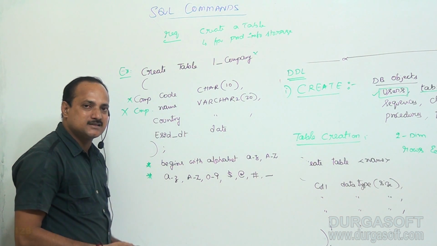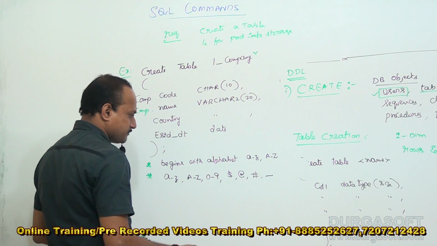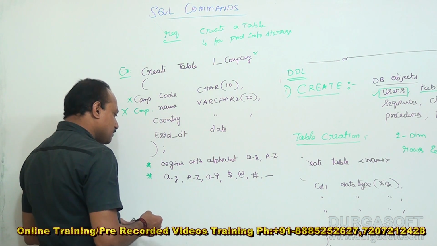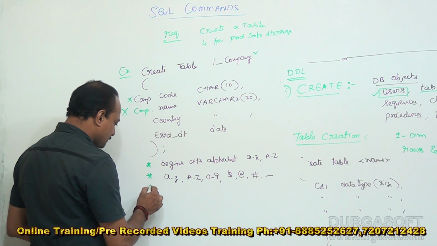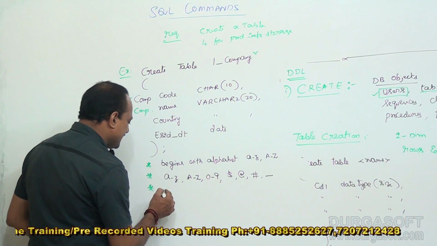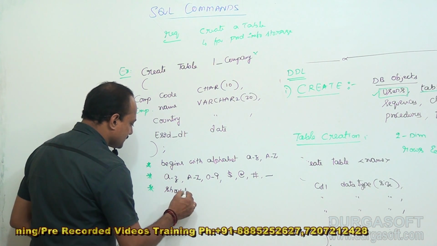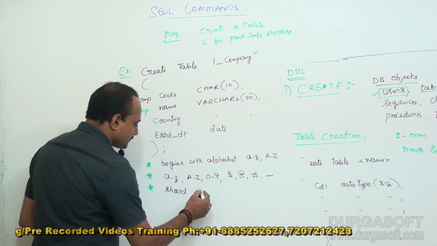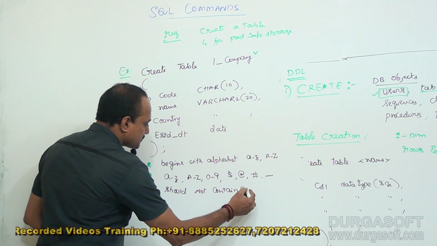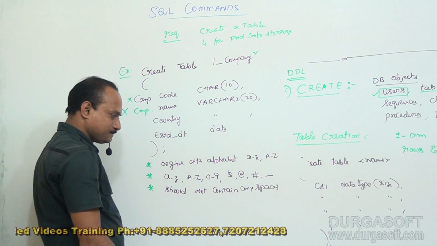These are the valid symbols in table names, column names or variable names. Now, are there any other rules? Yes, still you have rules. Names should not contain any space. Space is not allowed in the name.